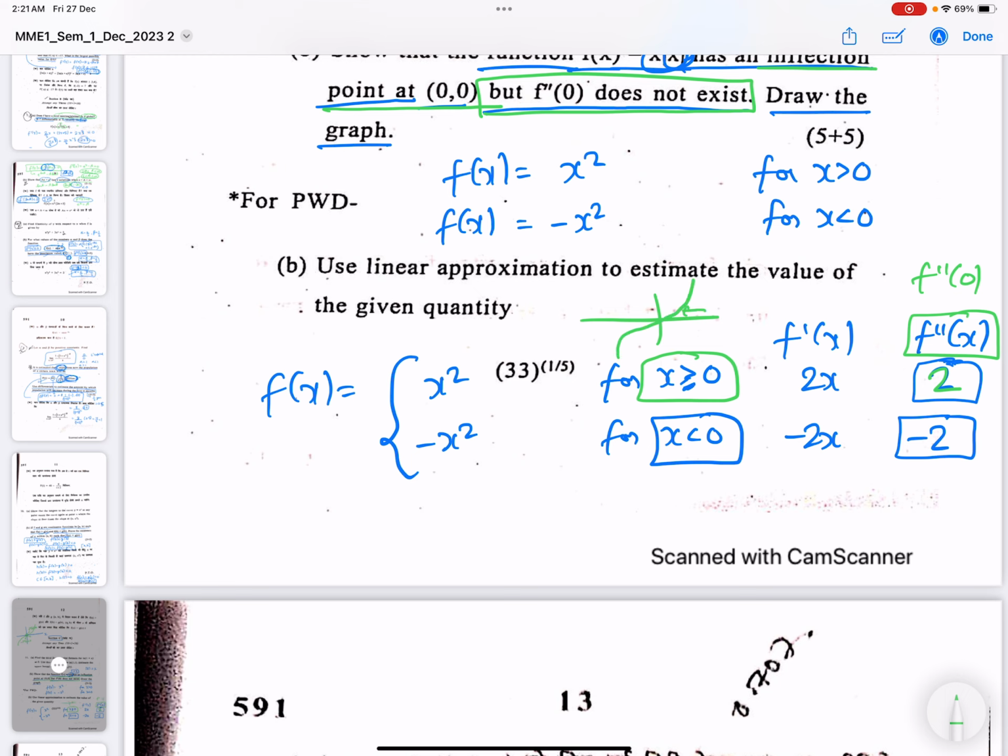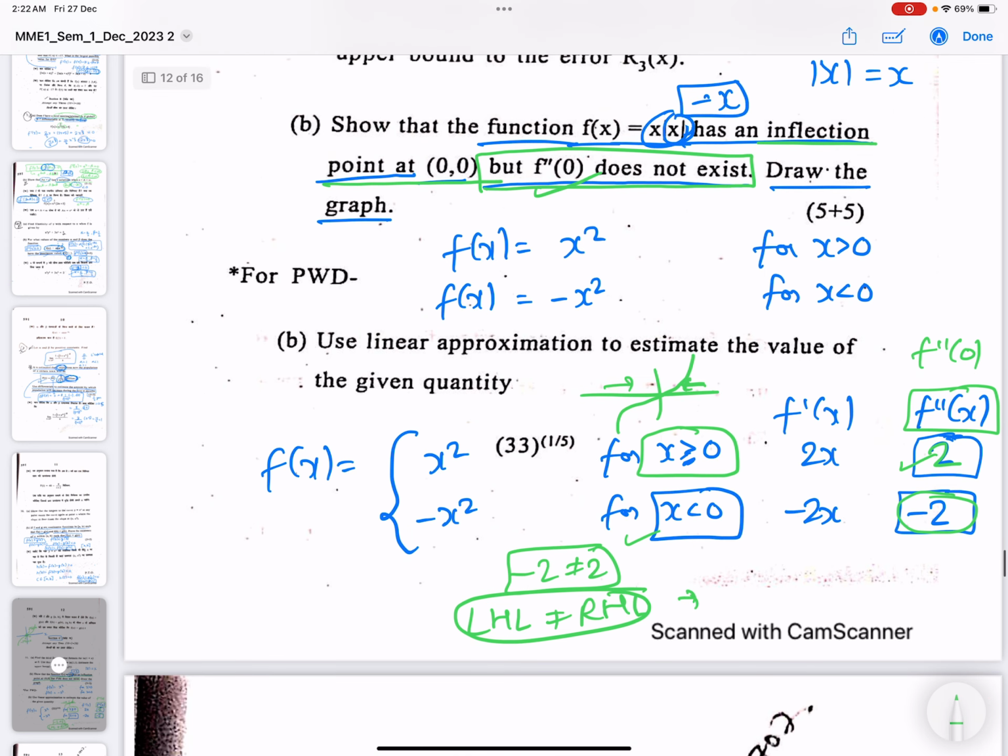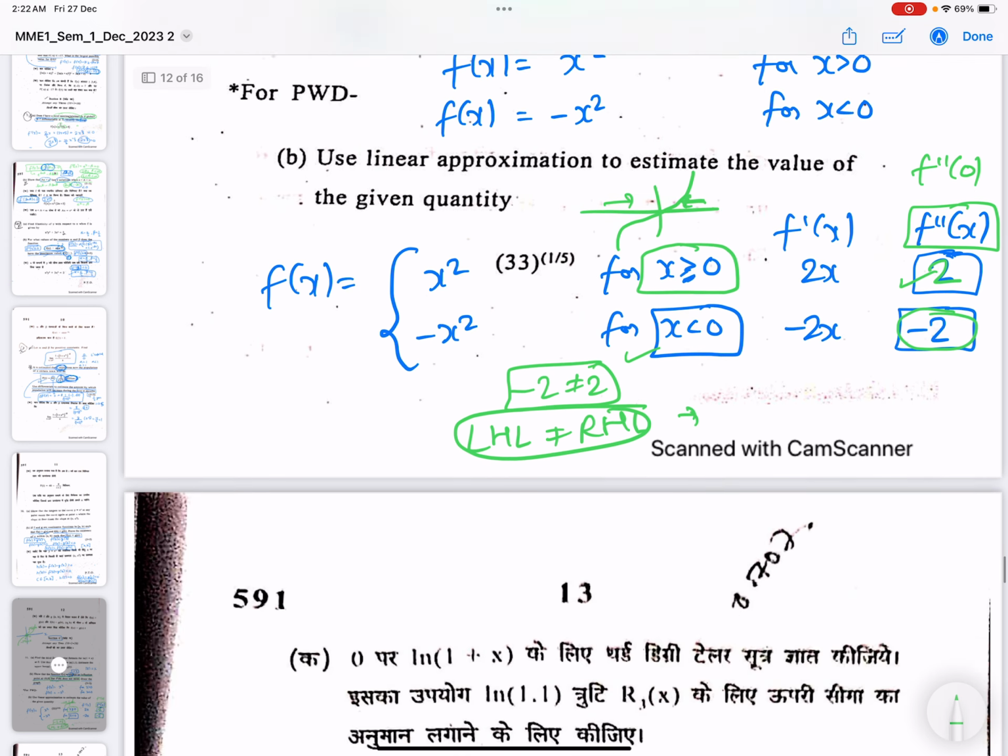Whereas if we are coming from the left hand side, the value we are getting is minus 2. And since minus 2 is not equal to 2, because the left hand side limit is not equal to the right hand side limit, the derivative does not exist at that point. Okay, now moving on to the next question.